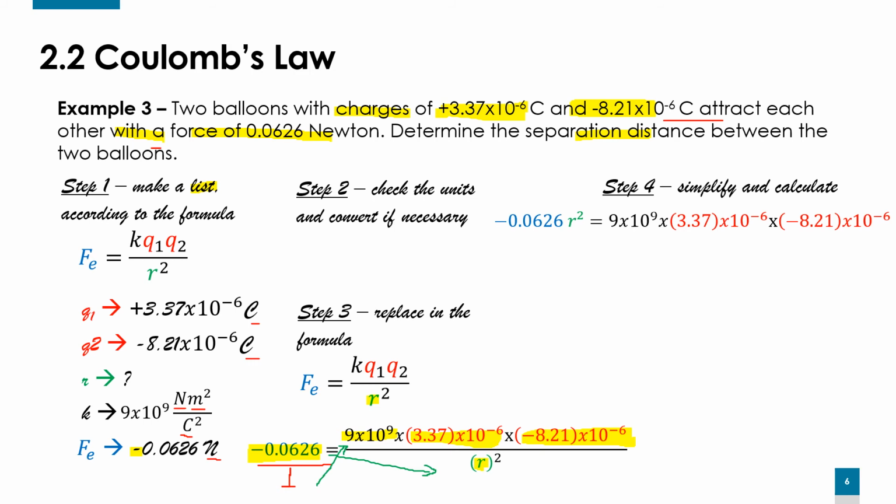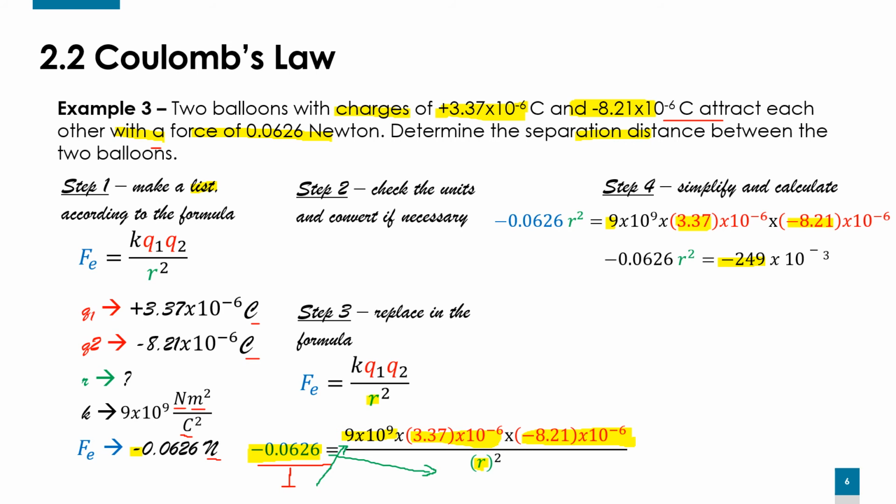I can just multiply my numbers, not the exponents. So 9 times 3.37 times minus 8.21, I'm going to have minus 2.249.